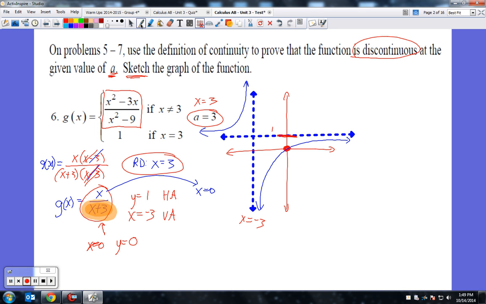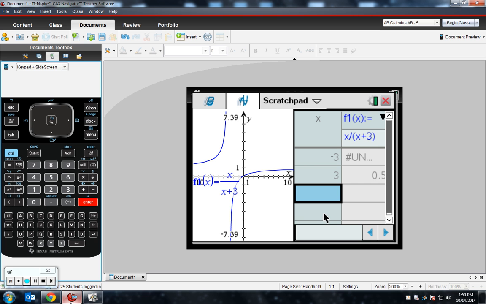We know this is 1 to negative 3. I'm saying here at positive 1, 2, 3, that there will be a hole in the graph. And the hole is going to occur right there approximately at x is equal to 3. And that y value, the calculator is saying that it would be at 0.5.